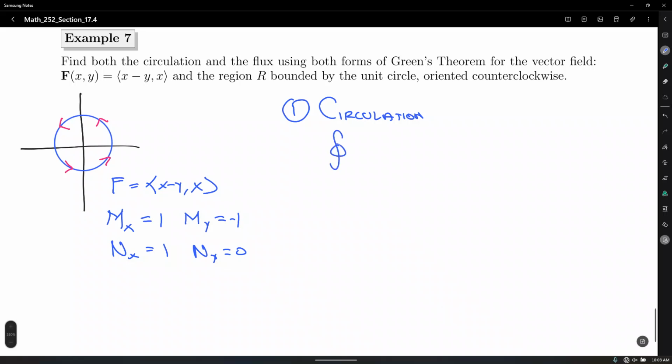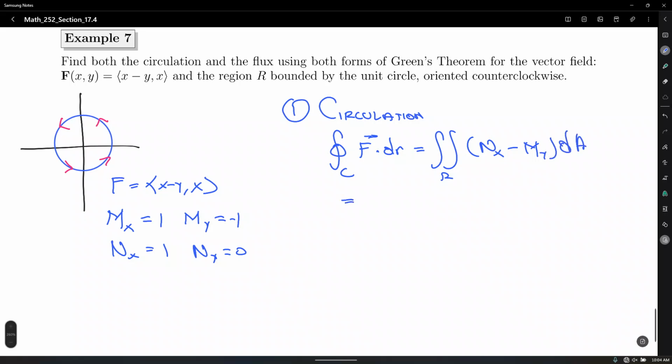That's the integral along the closed curve C of F dotted dr. We're adding all these vectors that are going in the tangential direction, the direction of motion. This means the double integral over the region R of N with respect to x minus M with respect to y dA.